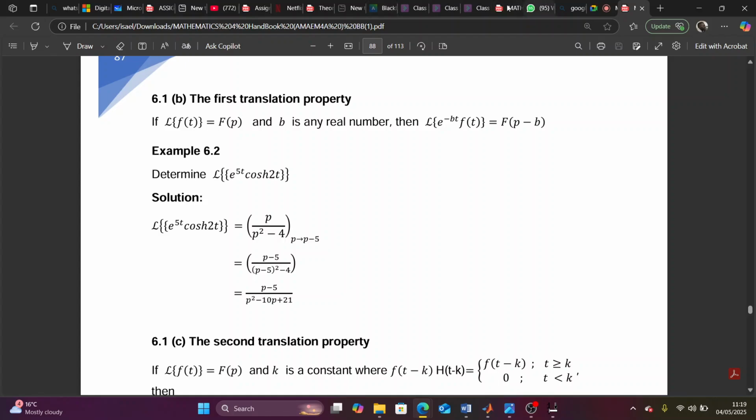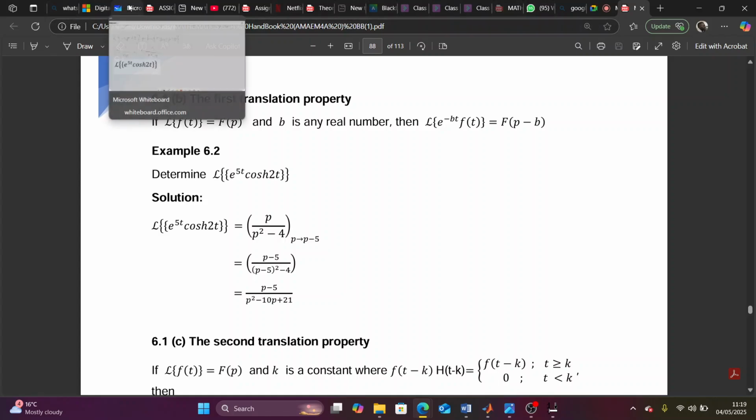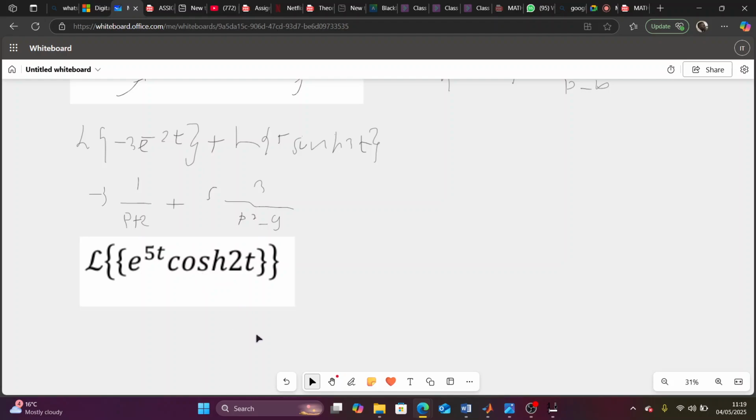What they are doing here, according to the formula, is that you first solve for the Laplace of cosh. What is the Laplace of cosh? Laplace of cosh of a theta gives p over p squared minus a squared.